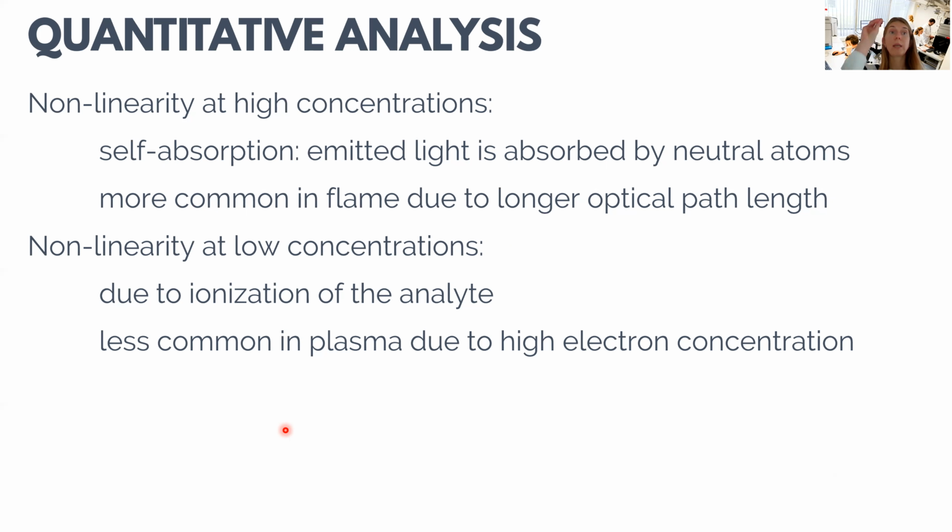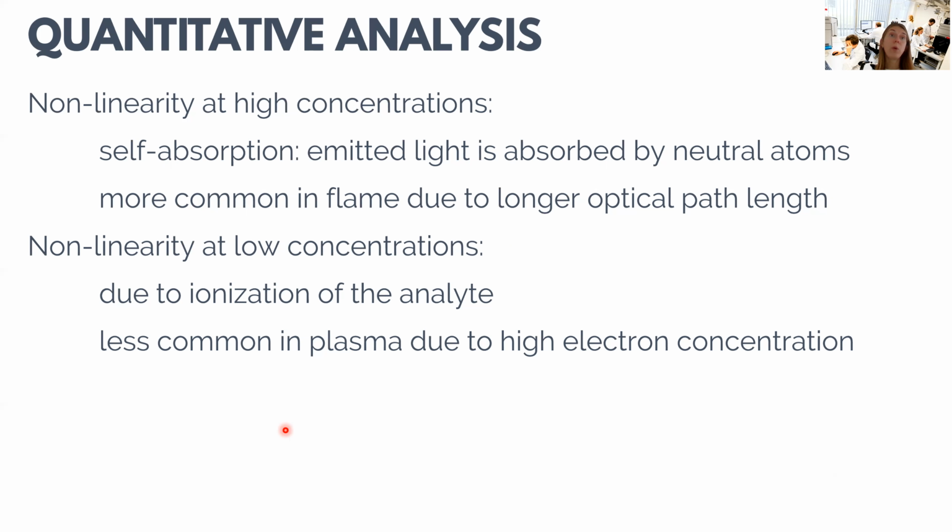And this means that if our atom was now in the excited state, it returns to the ground state and it emits a quantum. Then before this quantum can reach out from the flame, there are multiple other atoms that it can meet. And these atoms are very likely to be in the ground state and can therefore absorb this quantum. So this means that even though emission occurred, this quantum might not actually be detected because it was absorbed before by a neutral atom.